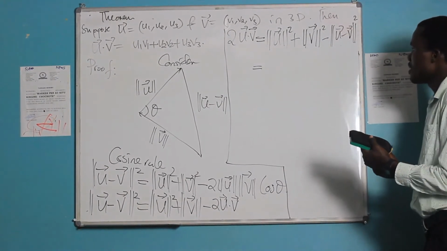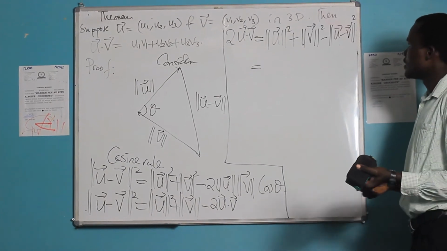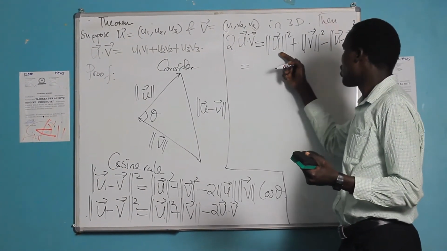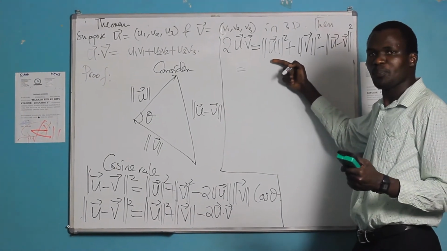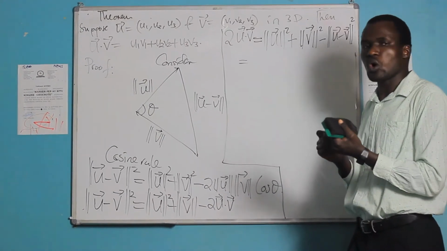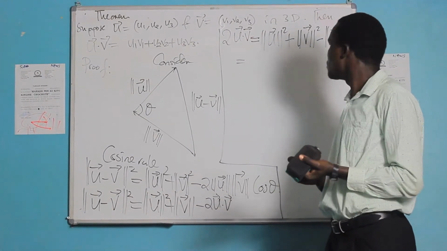So remember, dear students, that the norm of a vector is the square root of the sum of the squares of its entries.